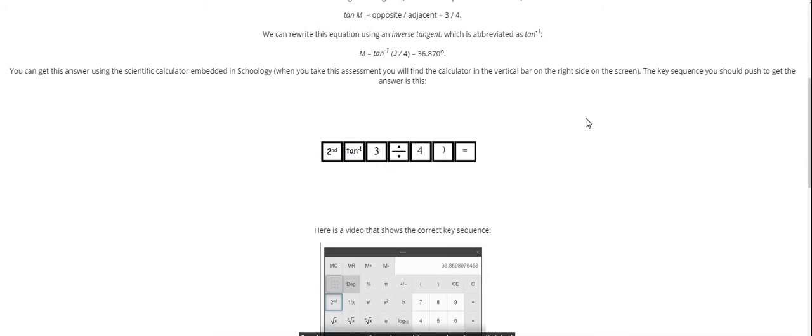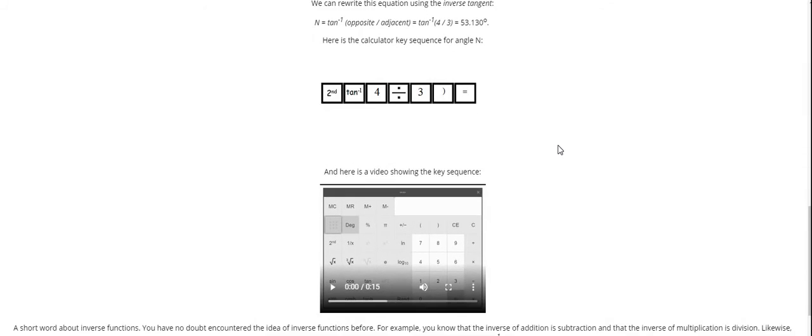So the tangent of angle N is equal to 4 divided by 3, which means that angle N is equal to the inverse tangent of 4 divided by 3. And we get 53.130 degrees.